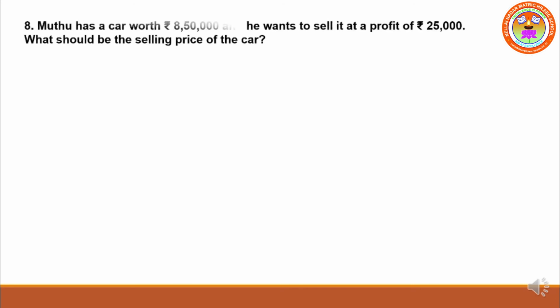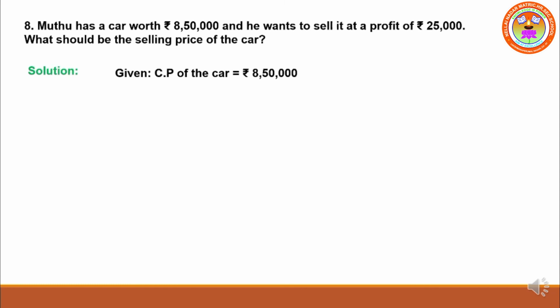Next question. Eighth one. Muthu has a car worth rupees 8,50,000 and he wants to sell it at a profit of 25,000. What should be the selling price of the car? Let's move to the solution part.